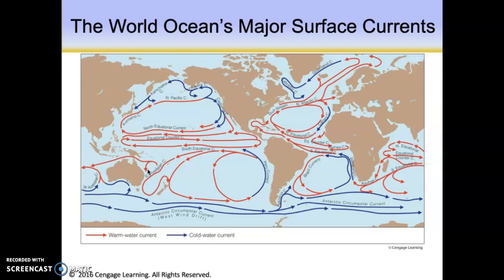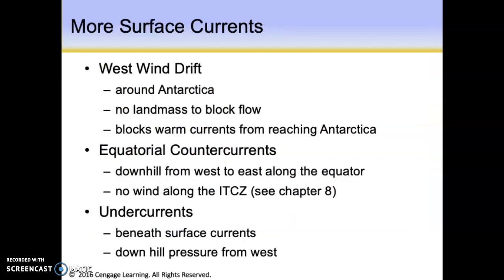Well, that's not the only place that the water goes, because water is a liquid. It's going to find its way downhill however it can. So the equatorial countercurrent occurs because along the meteorological equator, which back in chapter 8 we called the intertropical convergence zone, the air is rising.